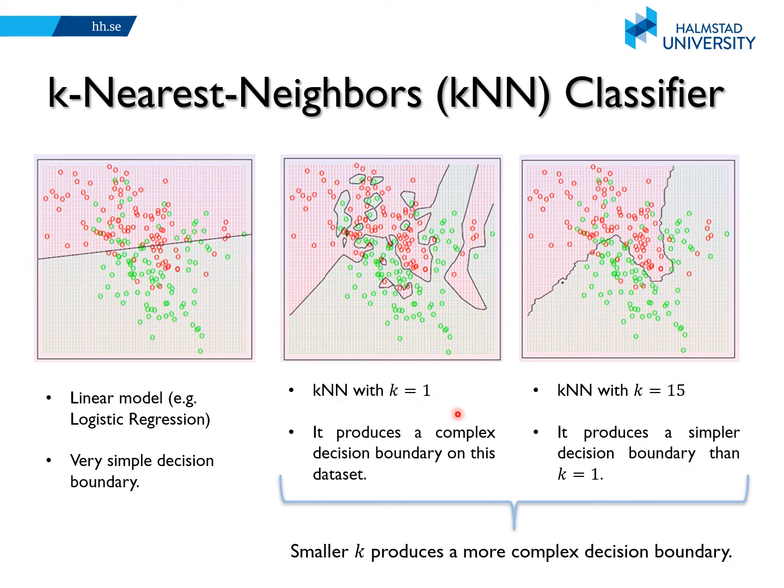We will talk more about this in a future lecture when we see generalization and the problem of overfitting and underfitting. But here what I want you to notice is just that smaller k produces a more complex decision boundary, and larger k produces a simpler decision boundary. And when the decision boundary is too complex, then it might achieve a small error on the training data, but it will not be good in general, because if you test it on new test data, it will achieve a high error.